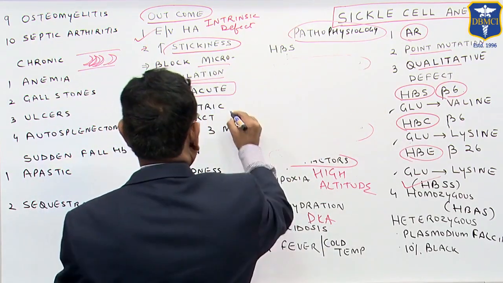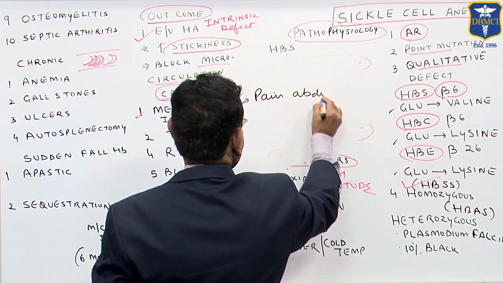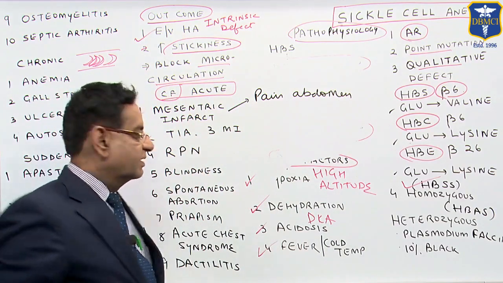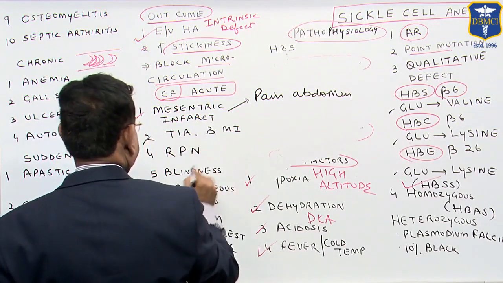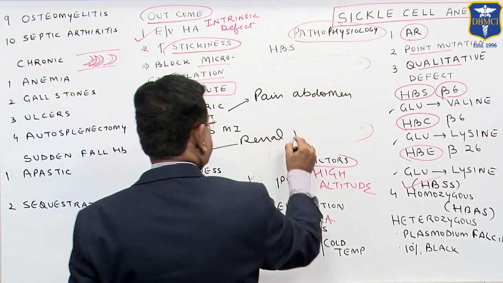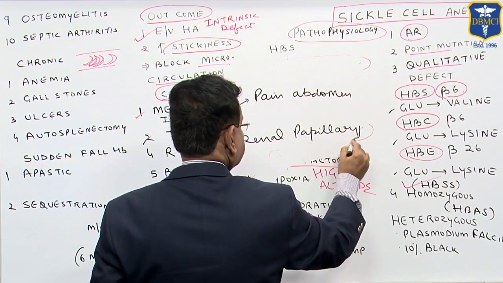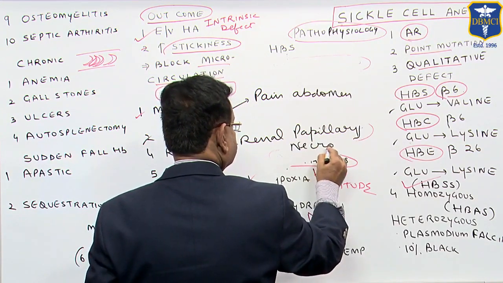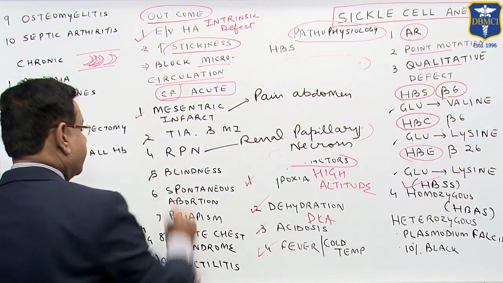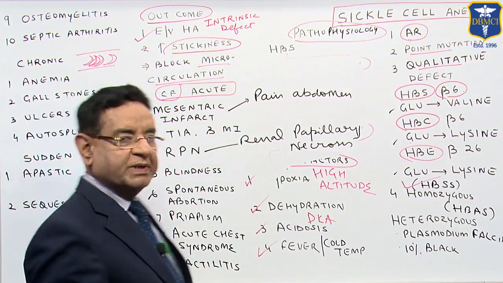Patients may have transient ischemic attack, myocardial infarction, renal papillary necrosis, which also leads to severe pain in the loins. Blindness can occur. Spontaneous abortion can occur due to placental infarction.